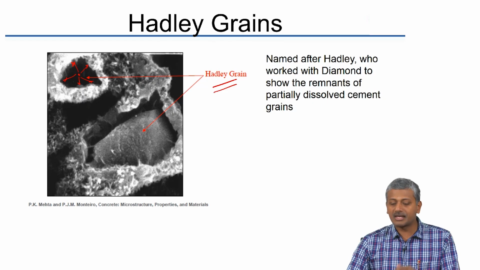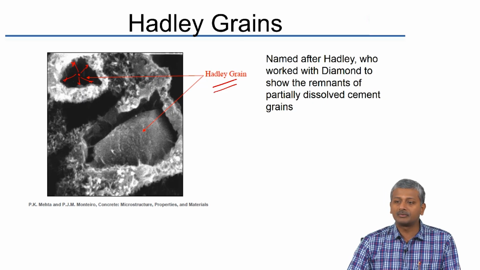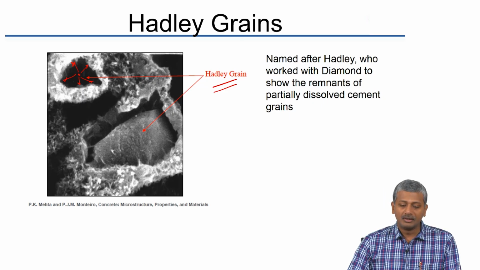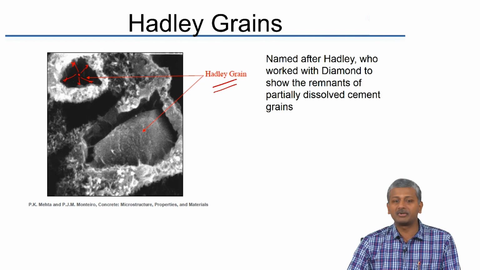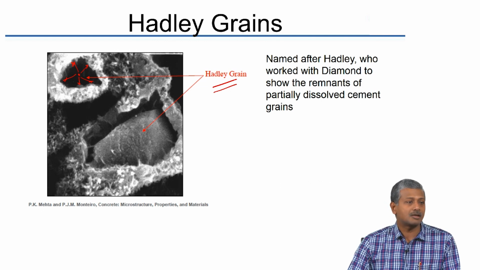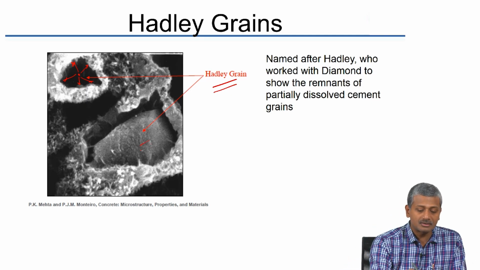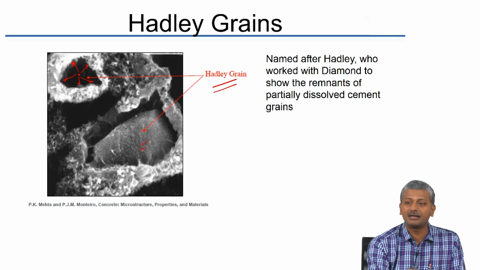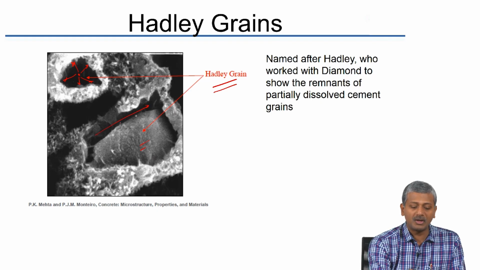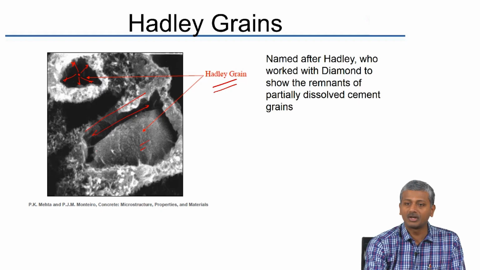Okay. This is named after Hadley, who worked with Professor Diamond at Purdue University to show the remnants of partially dissolved cement grains. Okay. So, these are cement grains that are partially hydrated on the outside, and in this case you see actually a remnant of a cement grain which has a gap between the grain and the hydration product which is outside. Okay, you see the gap there.